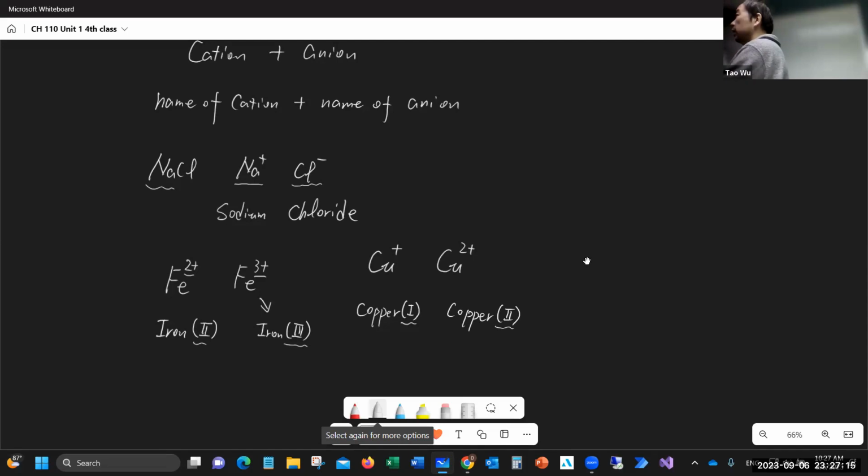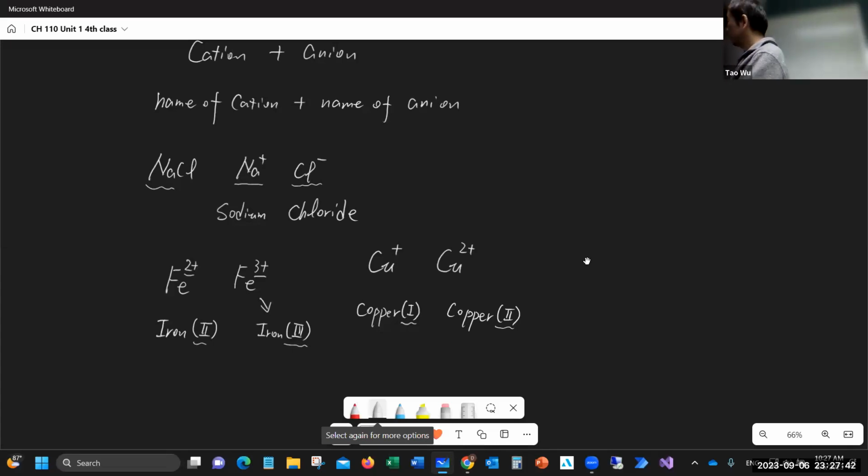If they write multiple different kinds of ions, that means when you write the name, you need to specify. Is silver needed to be specified? You don't need to write silver 1 in the name, right? Because silver only gives you one kind of ion, which is just 1 positive. So you don't have to specify. You just write silver. That's it.